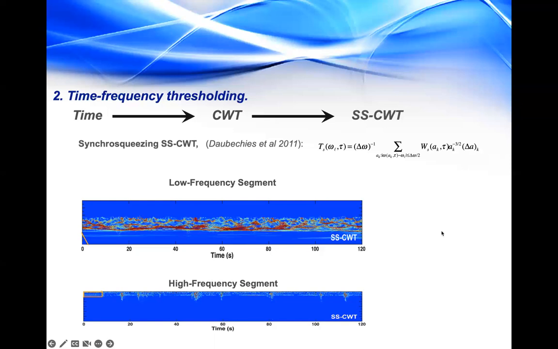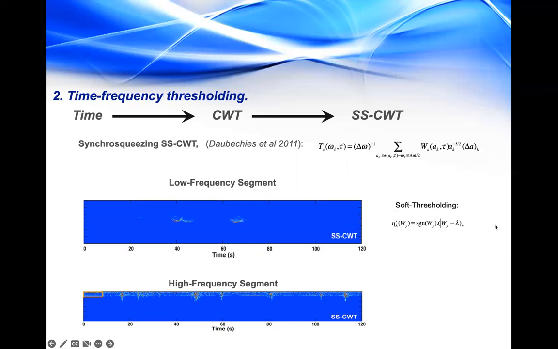Next, both segments are synchro-squeezed. Synchro-squeezing is a reassignment technique that squeezes time frequency coefficients around instantaneous frequencies at each time point to provide more localized and higher spectral resolution. Next, for the low frequency segment, we use the standard thresholding scheme of soft thresholding. But for the higher frequency segment, we first determine the narrow frequency bands of dominant noises inside the frequency range of the micro earthquake.